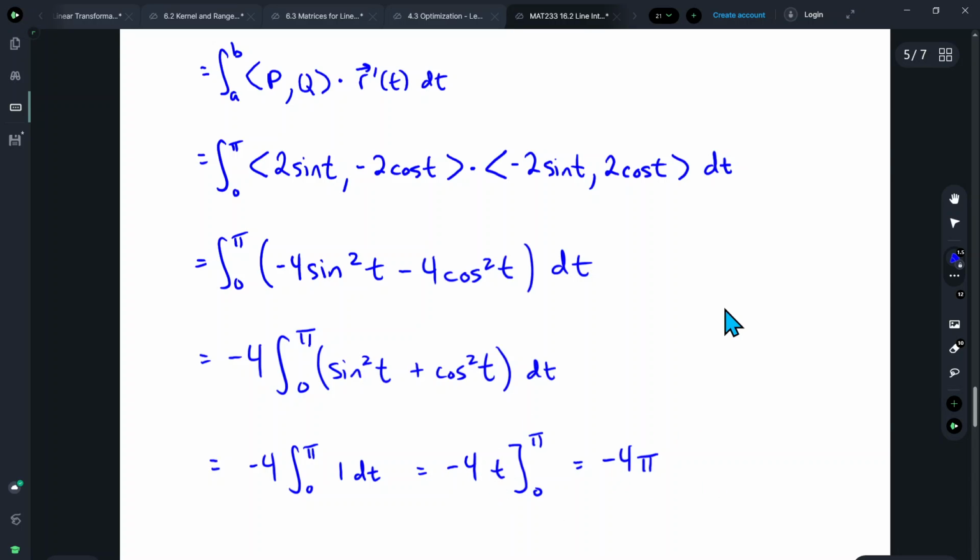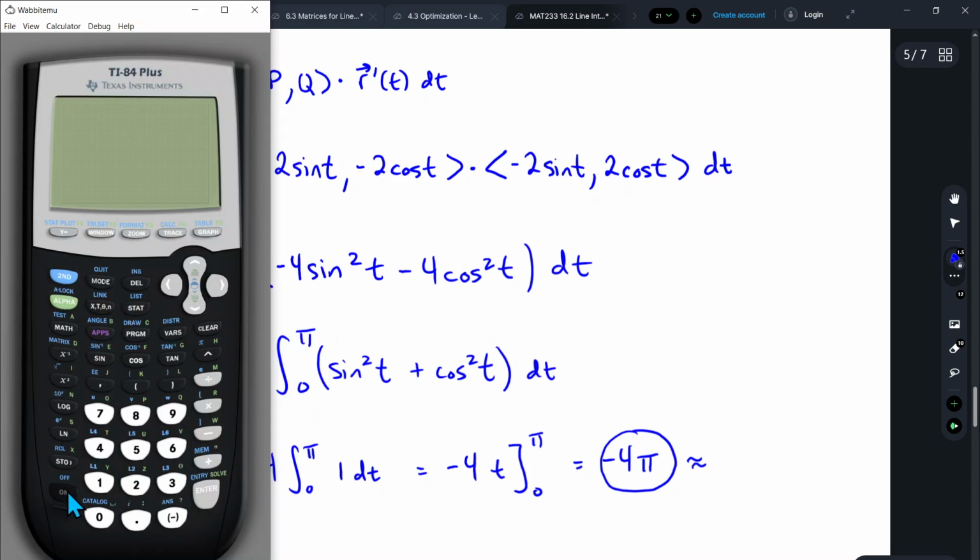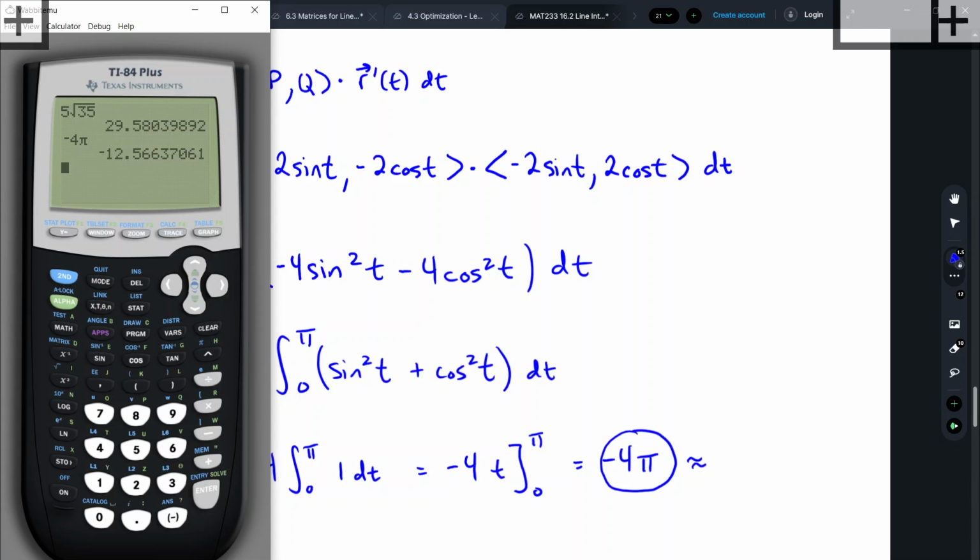So the value of the integral is just minus 4 pi. And if we want to calculate the decimal value, minus 4 times pi, I got negative 12.57 approximately.